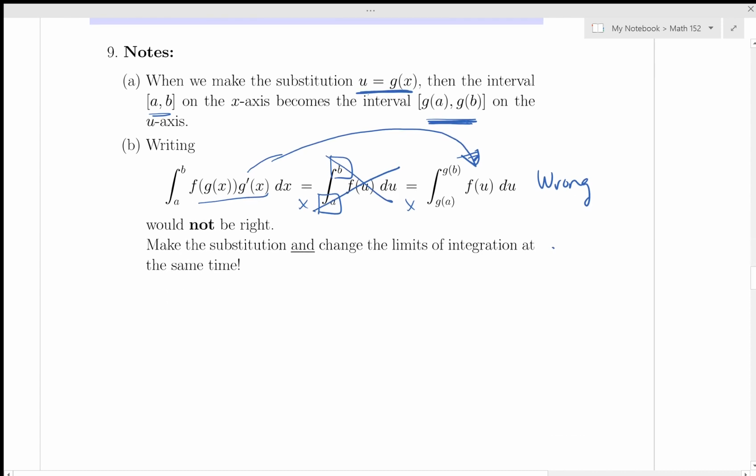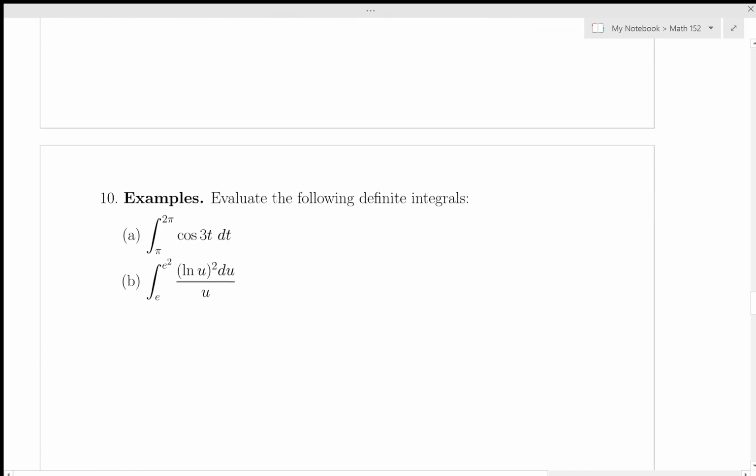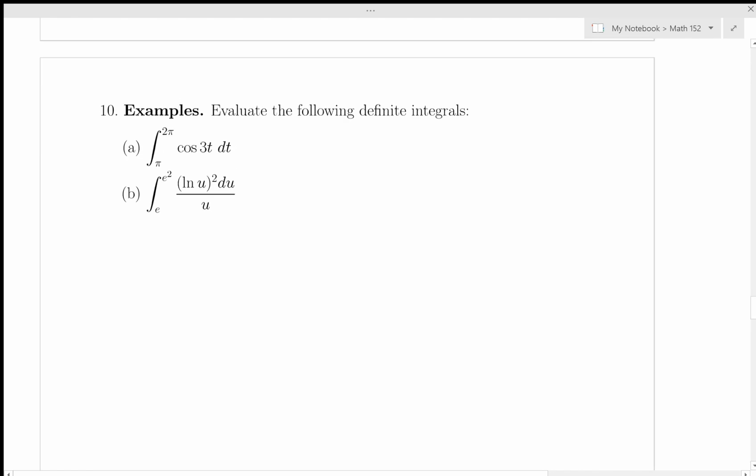Let us do a couple of examples with the definite integral so we can see what I mean by doing that properly. So let's take a look. This is an easy integral here. This is the integral from pi to 2 pi of cosine of 3t dt. We've already seen the answer to this, at least for the indefinite integral.